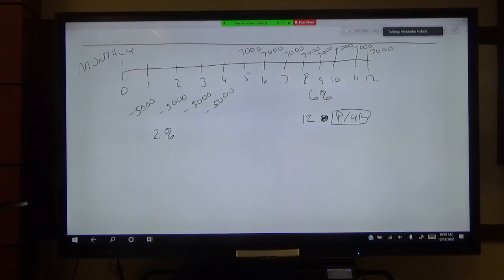Professor, would we use the same setup if the cash flows were mix and match? If they're mixed and matched, you're forced to use the cash flow function. Whereas here, you can avoid using the cash flow function because they're all the same.